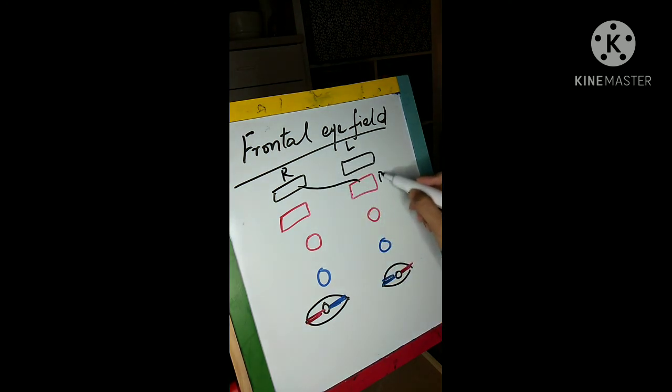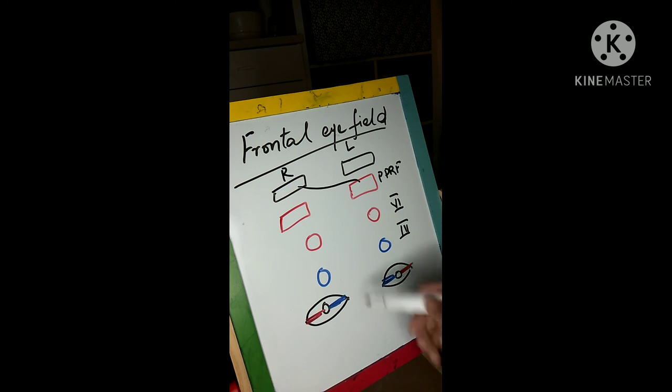So what happens is that fibers from one side of the frontal eye field cross and move to the parapontine reticular formation of the other side, like from right side to left side. Then they will go to the sixth nerve nucleus.